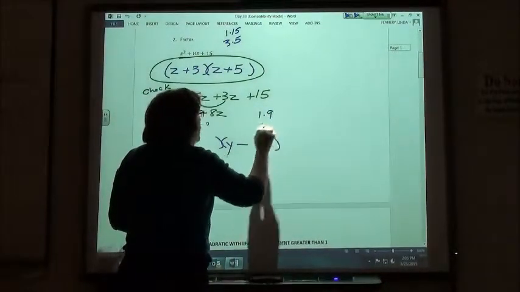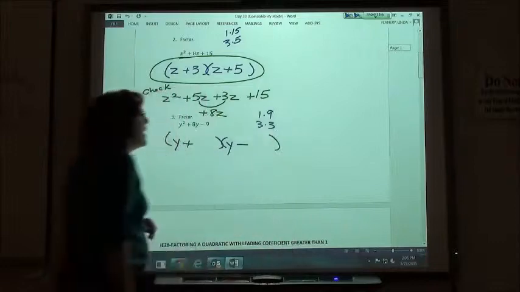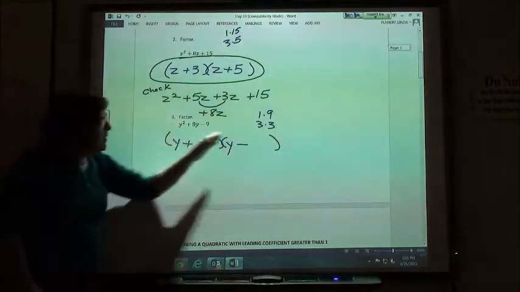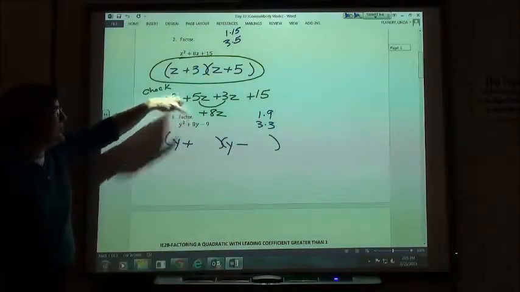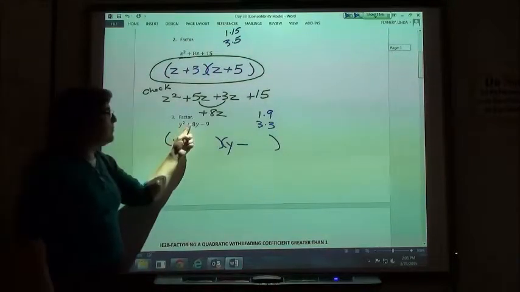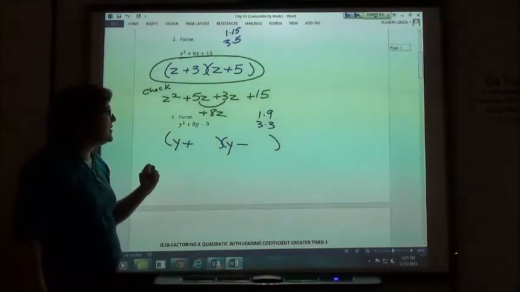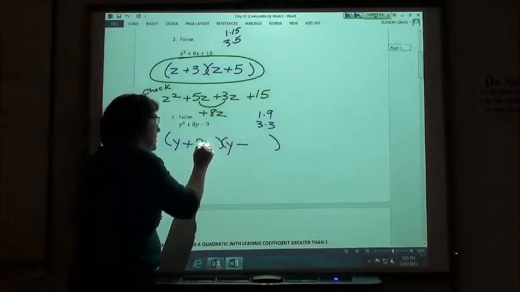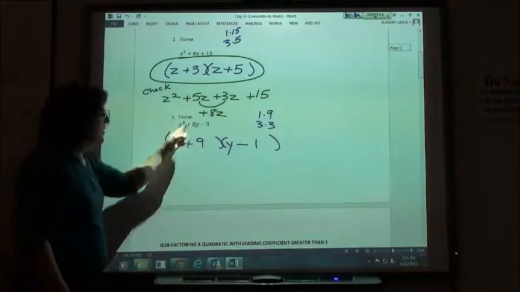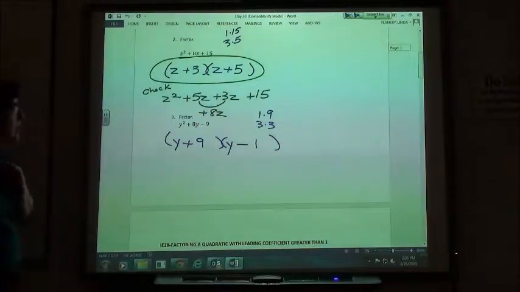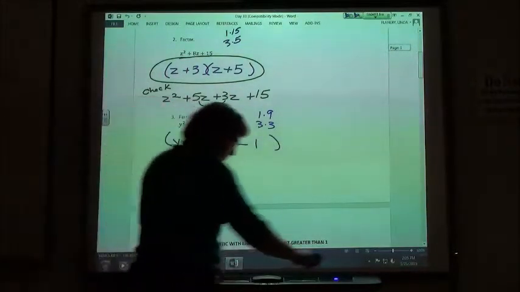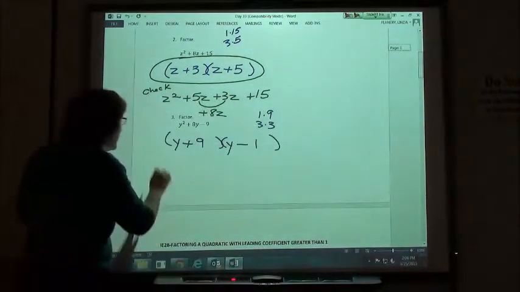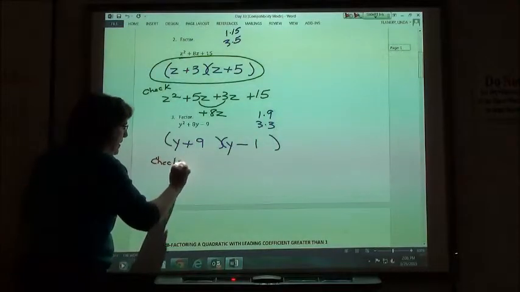Could be 1 times 9, could be 3 times 3. I want the pair that when I plug them in, I get a plus 8. So if I want to get a plus 8, my bigger number has to be positive. If I do a 9 minus a 1, plus 9 minus 1, that should give me plus 8 in the middle. Again, we can always check these by foiling.